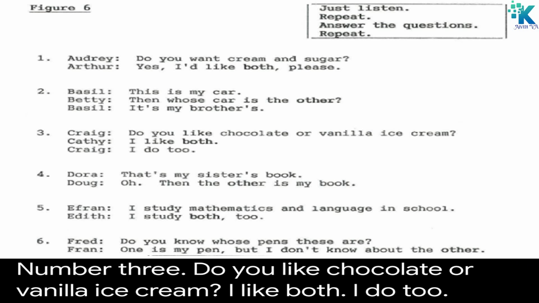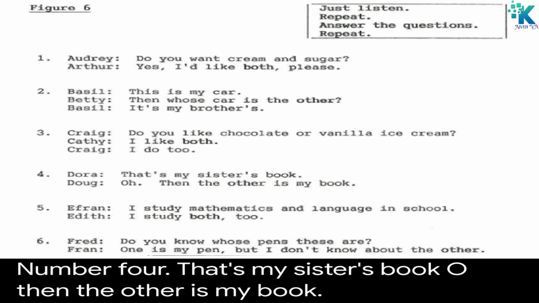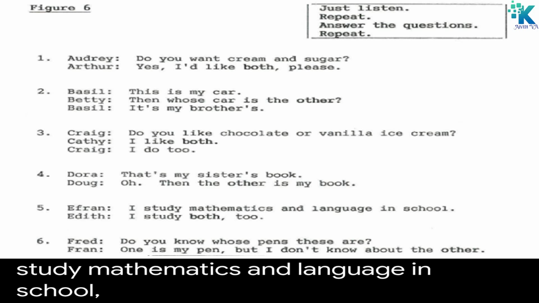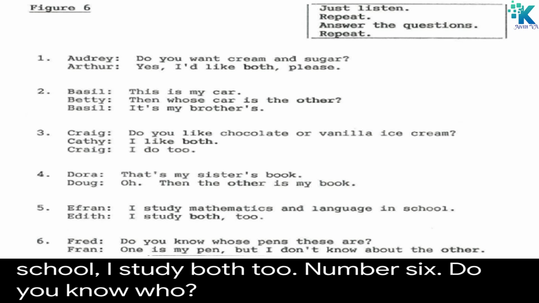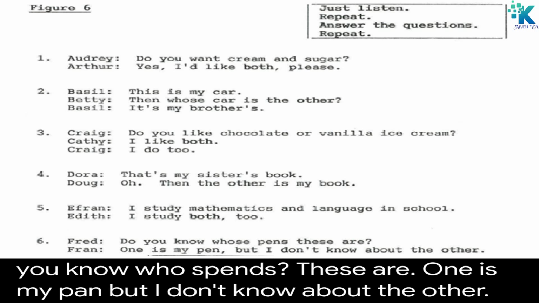I do too. Number 4. That's my sister's book. Oh, then the other is my book. Number 5. I study mathematics and language in school. I study both too. Number 6. Do you know whose pens these are? One is my pen, but I don't know about the other.